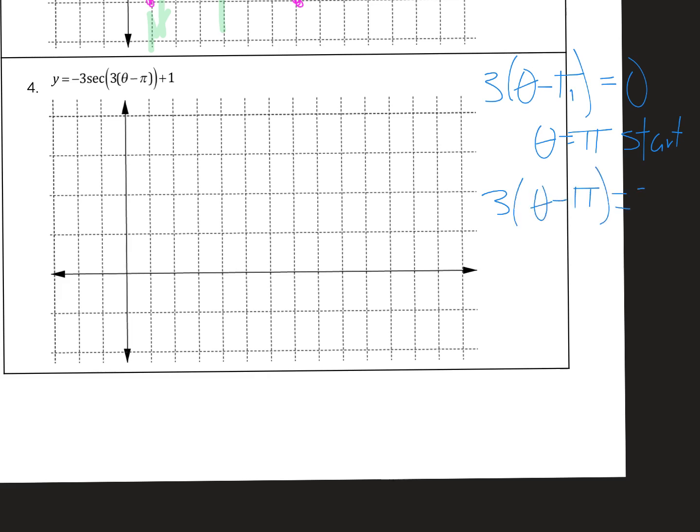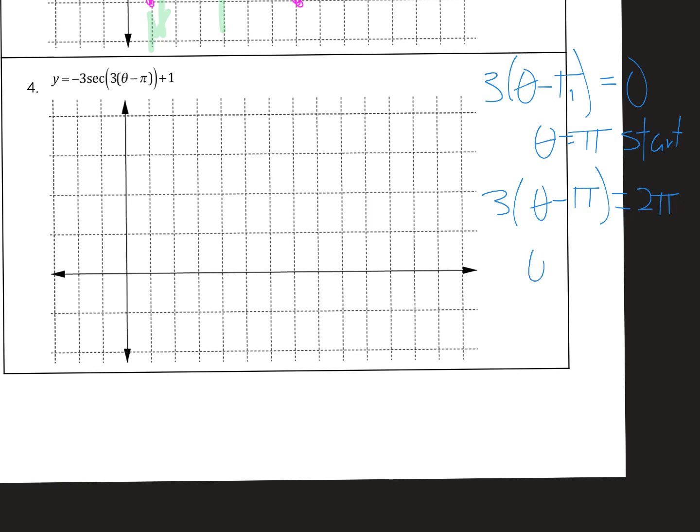All right, this one says secant. That sounded mean. Secant, that's friends with cosine. So 3 theta minus pi equals 0. So that's going to be theta is pi. So that's where we start. And then 3 theta minus pi is 2 pi.